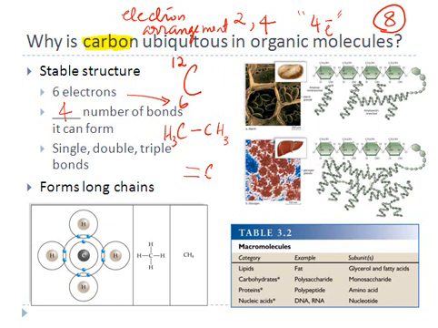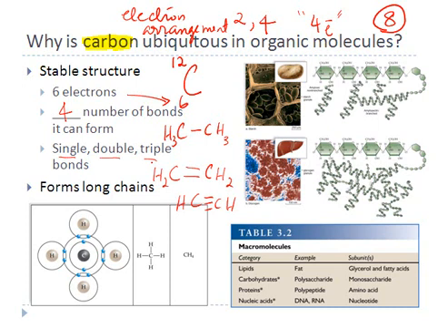If I place 2 double bonds here, then you can assume that there will be 2 hydrogens on each side. And if I have 3 bonds, then there will be 1 hydrogen on each side. So these are single, double, and triple bonds that carbon is capable of forming at different stages or different units.